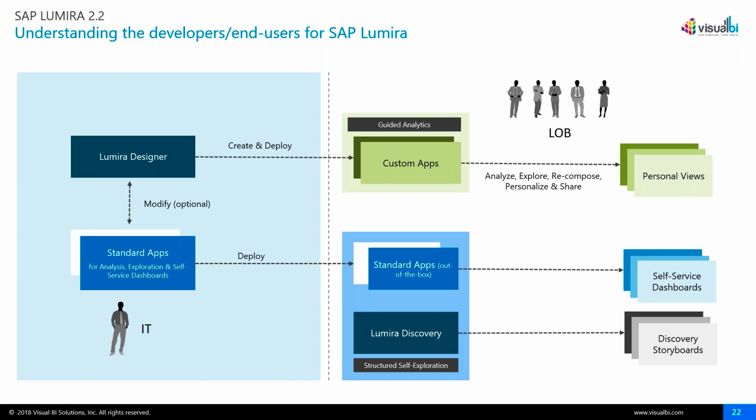And these applications could have options to filter, drill down, navigate, or even customize to a certain degree. Case in point is authoring. The products built over here will typically fall under the category of guided analytics. So you have structured self-exploration for discovery, and you have guided analytics for designer.